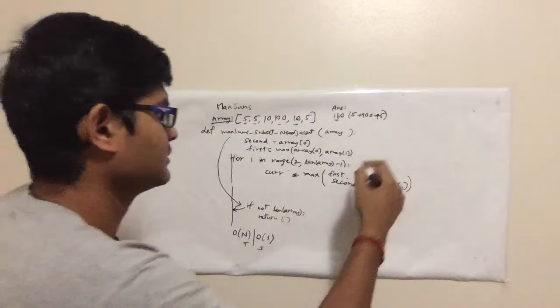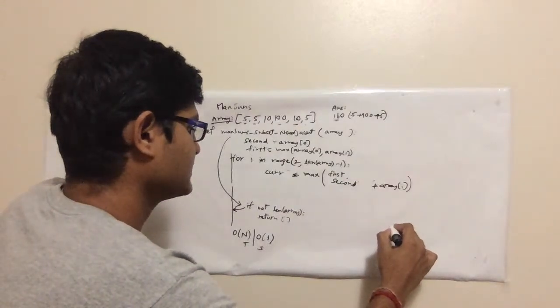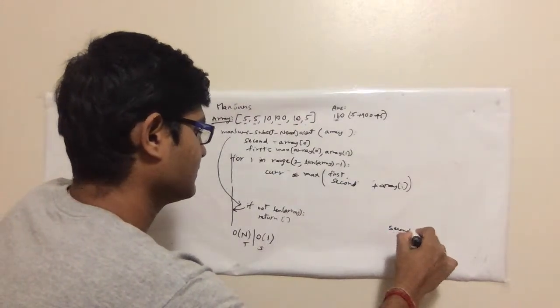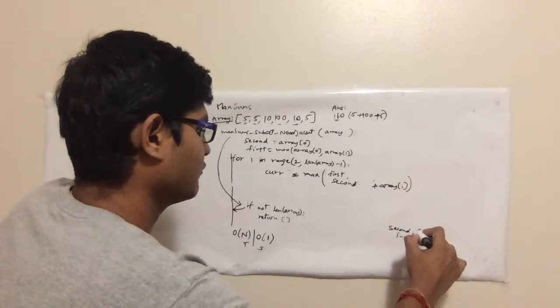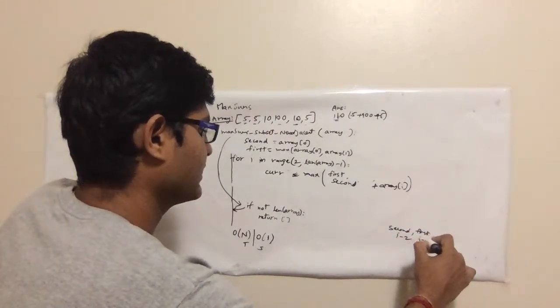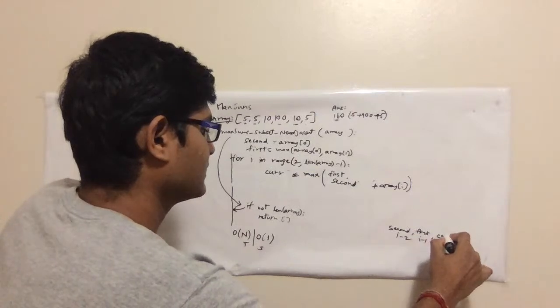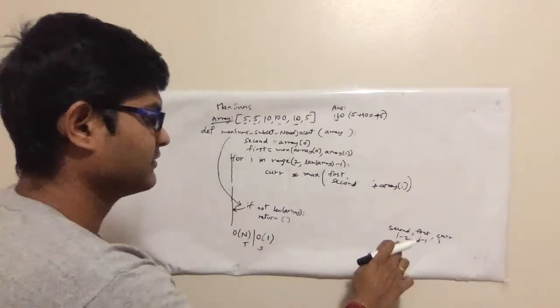So what happens? We have this second like i minus 2, first i minus 1, and current, which is i.